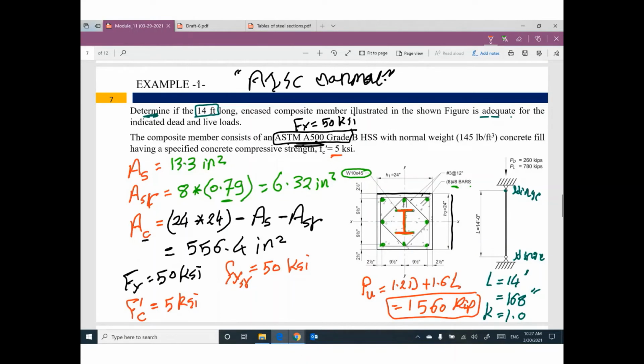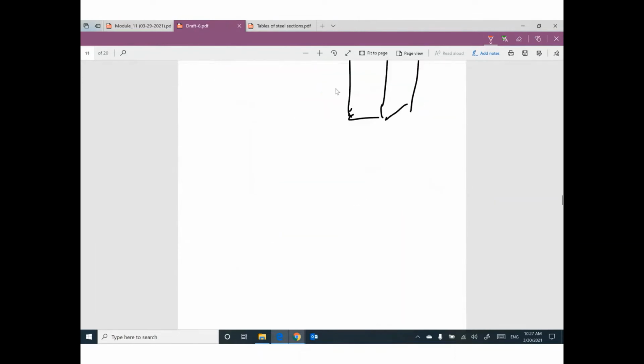So the first step is to gather all the given information: the length, the buckling factor, P ultimate, the area of the steel column, the area of steel reinforcement, the area of concrete, and the F yield for each part of the column. Then I will start with the first step.